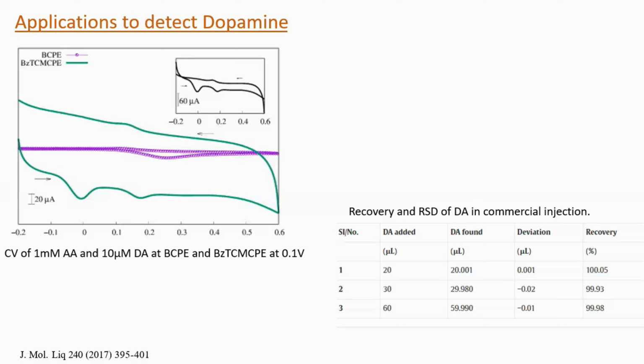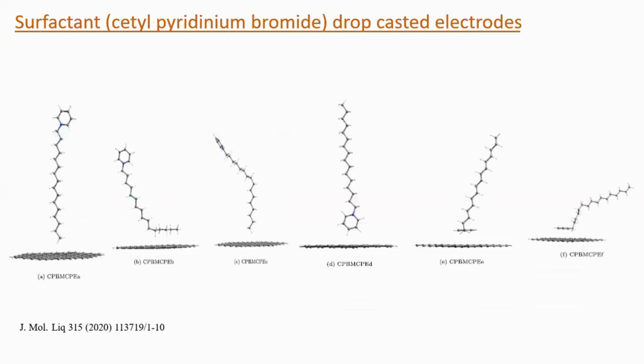Then we applied this electrode surface to measure the dopamine concentration in commercial injection samples. We got almost 100% recovery results. So this electrode can be used commercially.